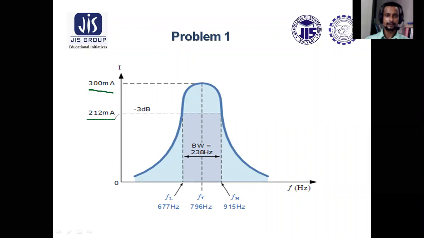This is 70.7% of this current, that is 0.707 into 300. This is the lower half power frequency. This is the upper half power frequency, which we already found. This is the resonant frequency, and bandwidth is 238 hertz. So this is how you can solve a numerical on series resonating circuit.